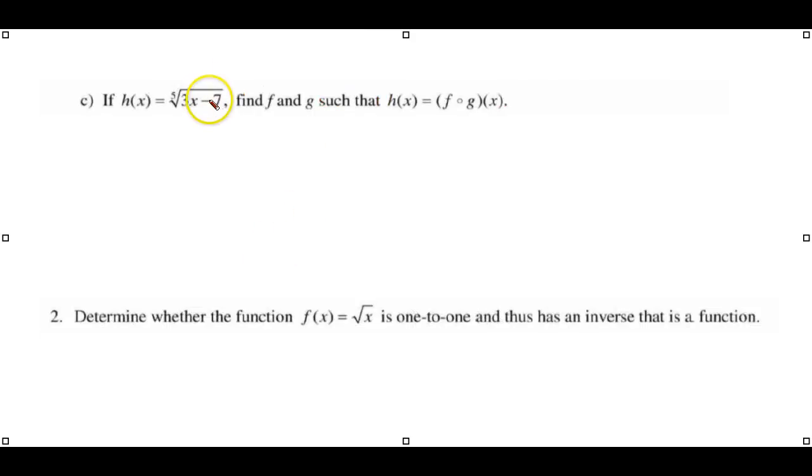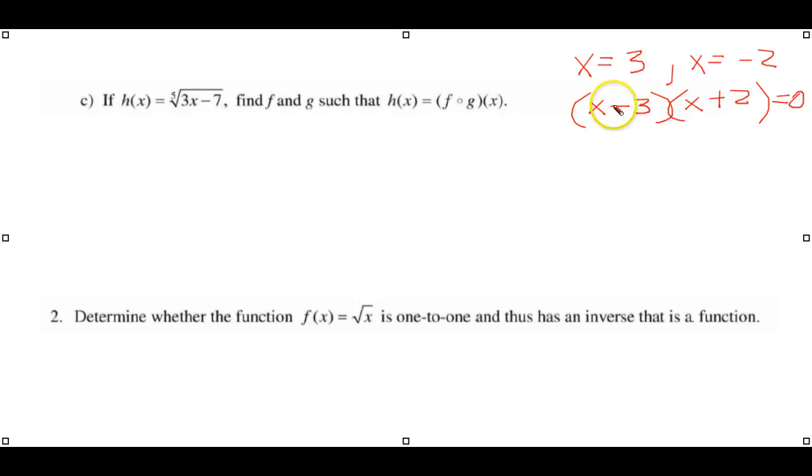Now in some of our earlier lessons, we would have the answer like x equals 3 and x equals negative 2, and we had to find the original equation. This would be x minus 3, x plus 2, and then we would FOIL that and get our equation.